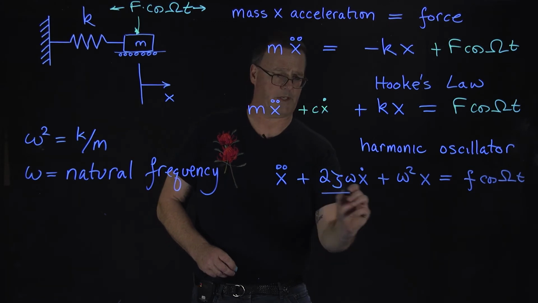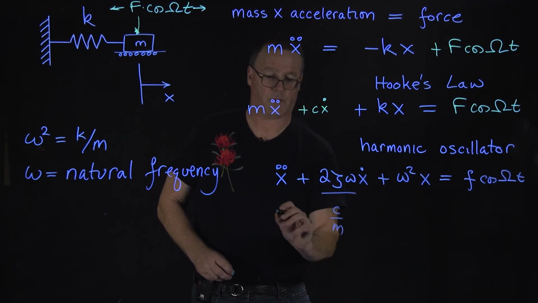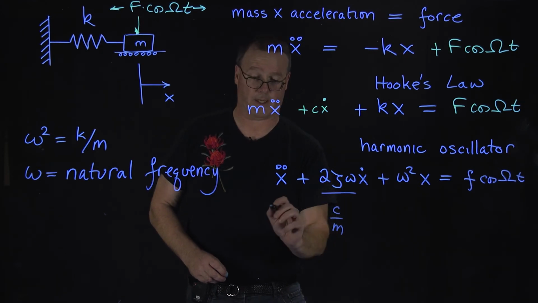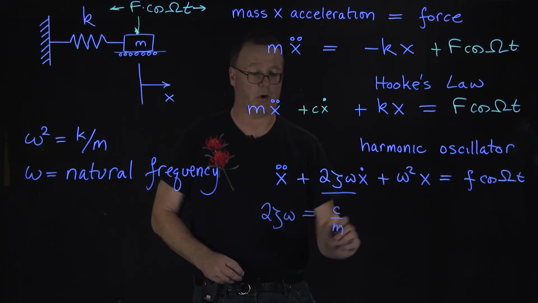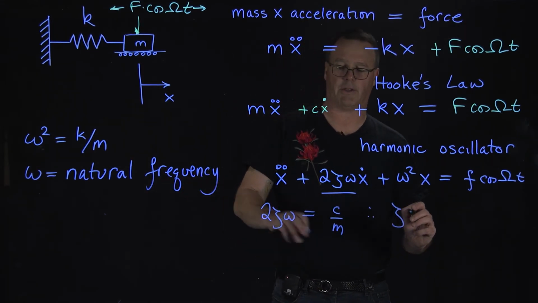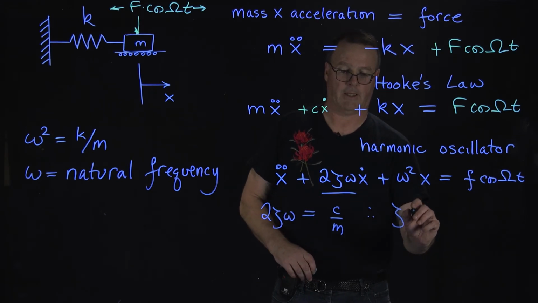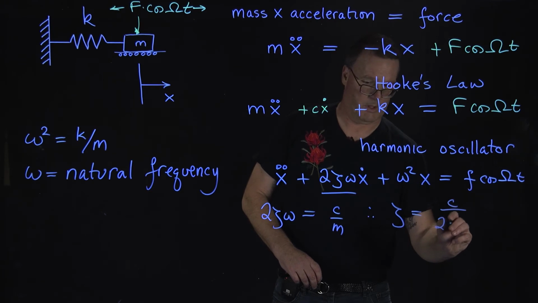So this thing must be equal to c over m. So that tells me what zeta is. 2 zeta omega is equal to c over m. So therefore, the damping coefficient, the factor 2 makes life simpler later, is just c over 2 m omega.